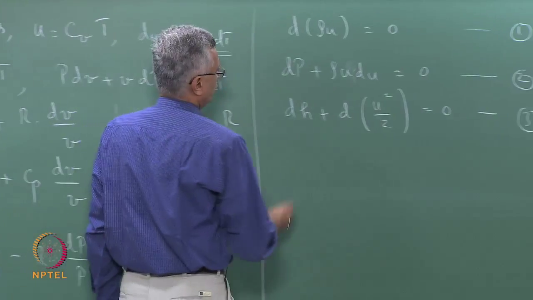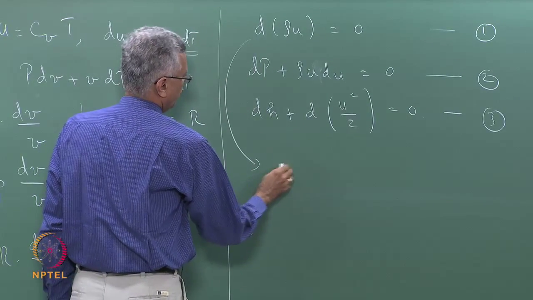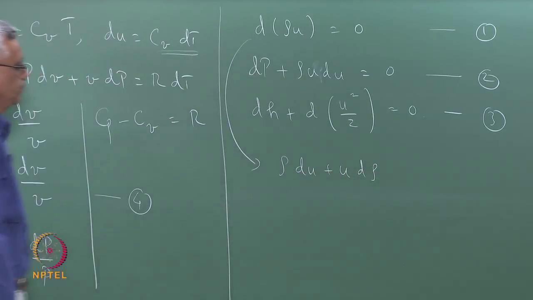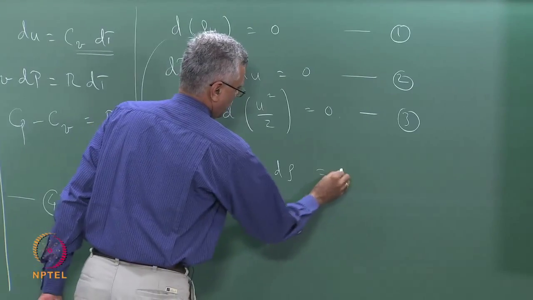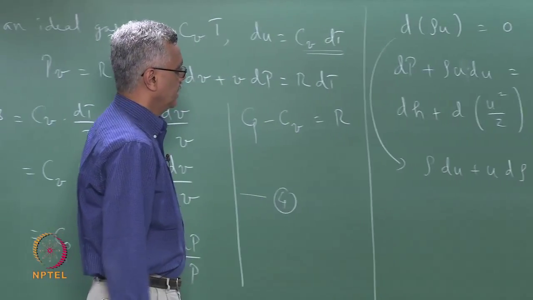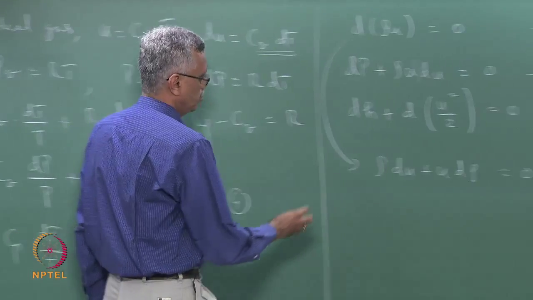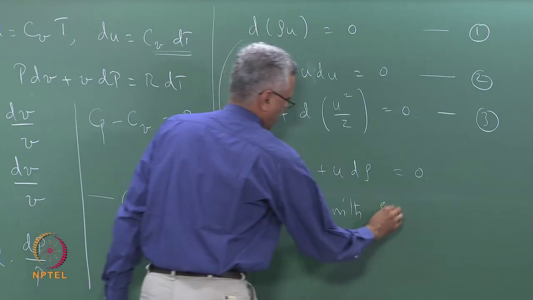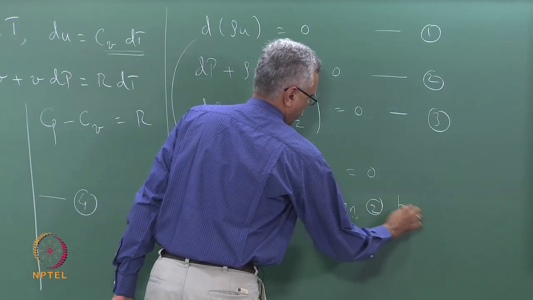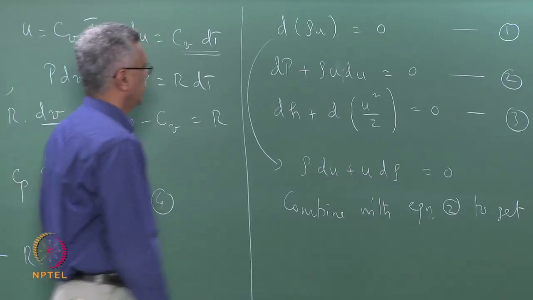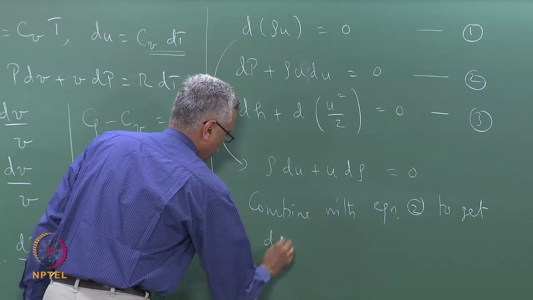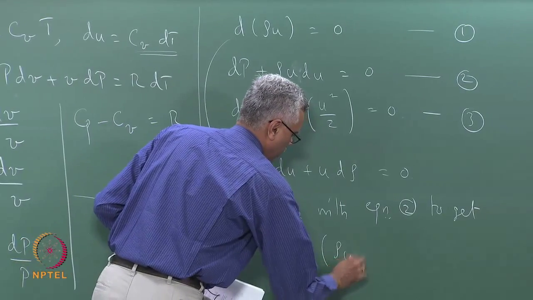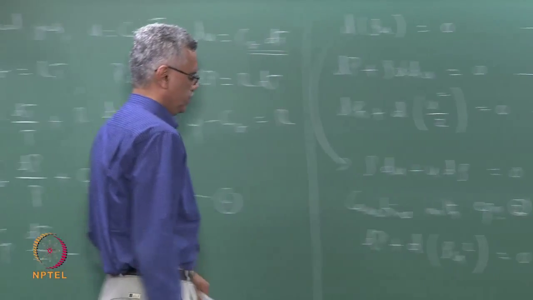So, I can make use of the fact that d of rho u can be written as rho du plus u d rho equal to 0, and if I combine this with equation 2, then I can rewrite equation 2 as follows: dP plus d of rho u square equal to 0.